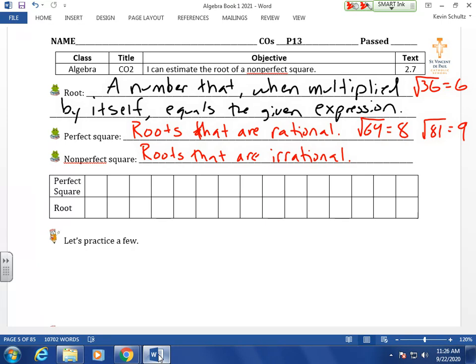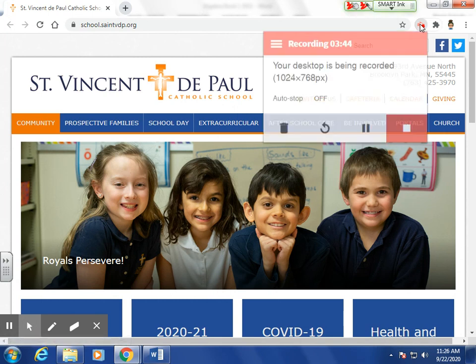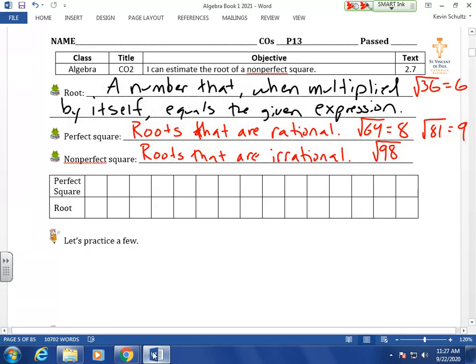If I asked you for the square root of 98, let's see. Okay, so if I ask you for the root of 98, there is no whole number that when you multiply it times itself equals 98.